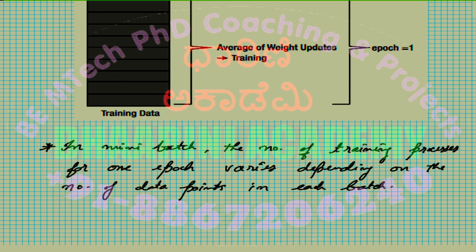Let's say we have n training data points in total. The number of training processes per epoch will definitely be greater than 1, because I have divided the whole data set into more than one piece. If you have divided the whole data set into two parts, how many times do you do the training process? The training process will happen more than once.